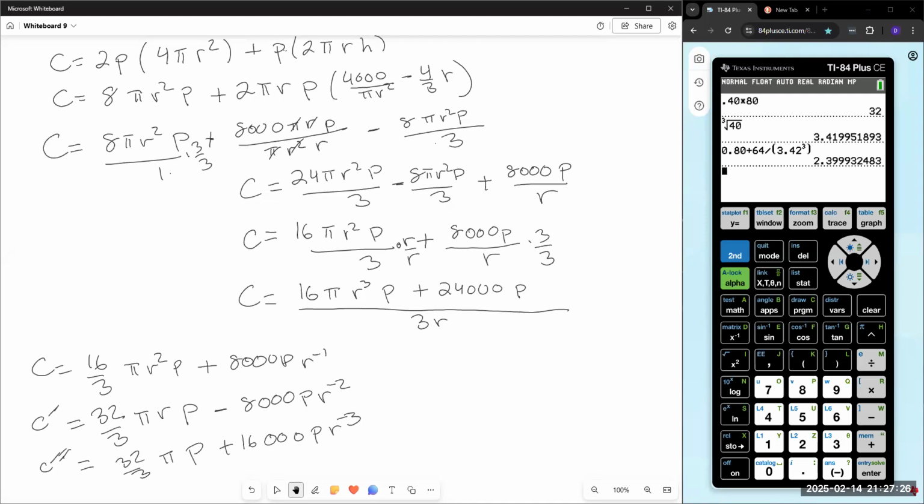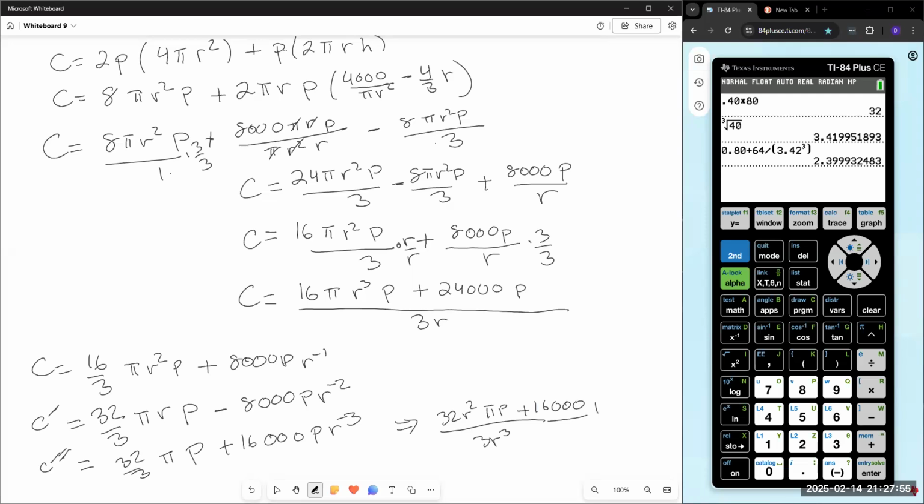So that means that no matter what here, I'll put this over a denominator of 3 r to the third so you can see this is going to be 32 r squared pi p plus 16,000 p.